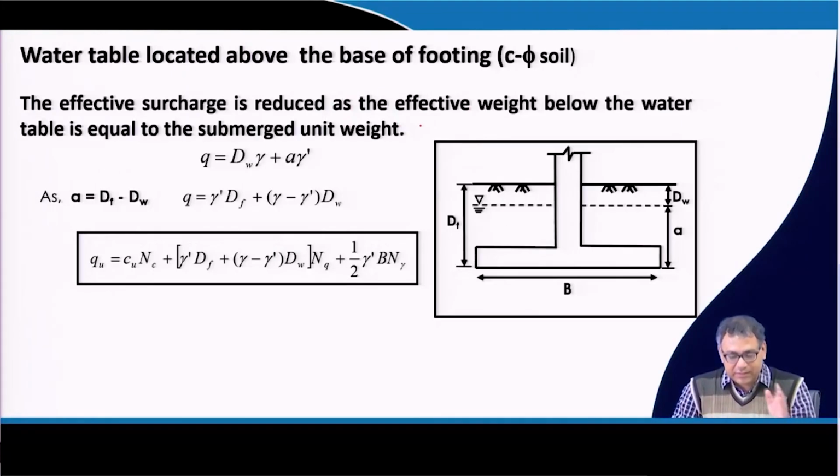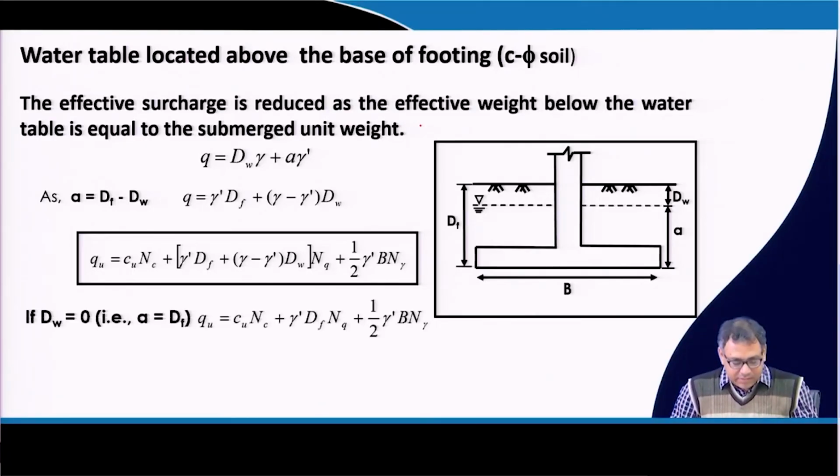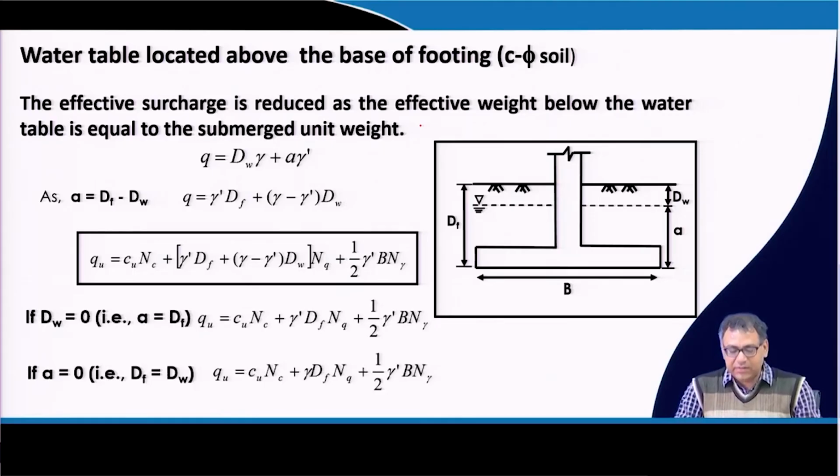But if it is a C-phi soil or a phi soil, then the water table effect will be in the unit weight of the soil, because we have two unit weights. There are two cases: the water table above the base of the foundation, and the water table below the base of the foundation.